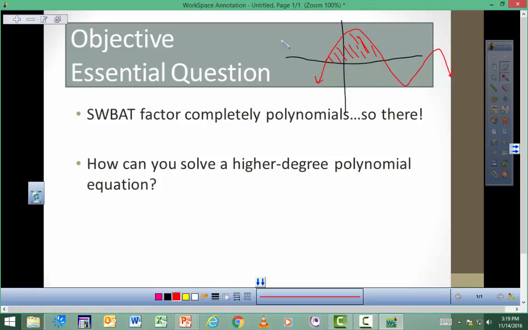Like in business, for example, this might represent the profit of something. Okay, so that would be this region right in here.